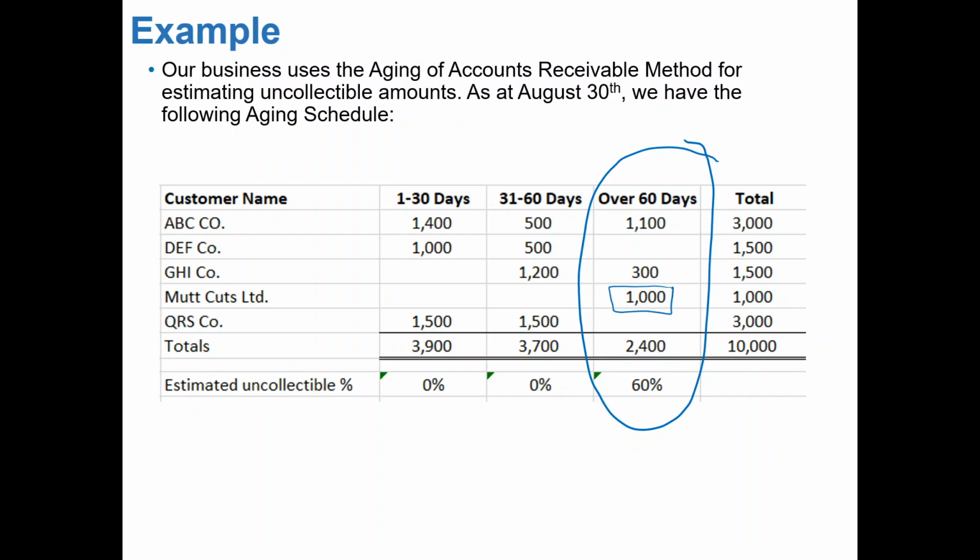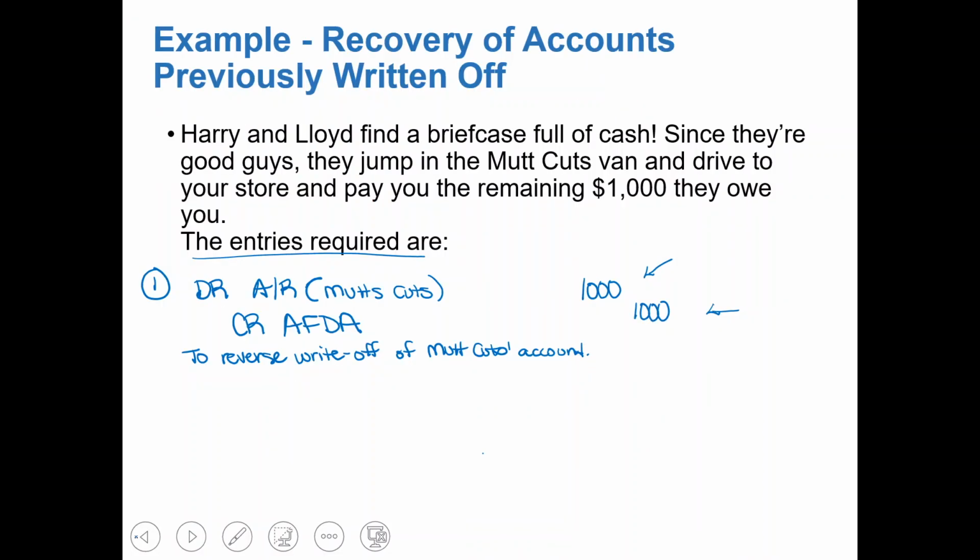So we need to put it back in the AFTA pool, and now it must be one of these 2 accounts that won't be collected. So we still don't know for sure, but we know it's not Mutt Cuts. So we need to fill that AFTA pool back up, and therefore we credit that amount.